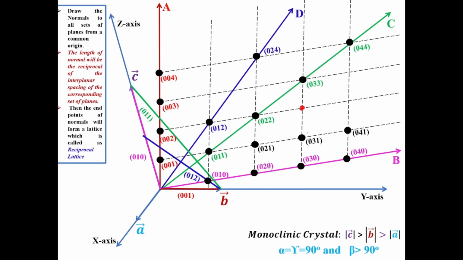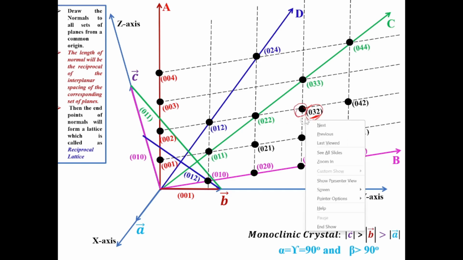Okay, likewise this point will be 032. This will be 042. So this 032 means this point represents the set of planes 032 in the direct lattice. So 032 is a plane in your direct lattice, and only a point in your reciprocal lattice.